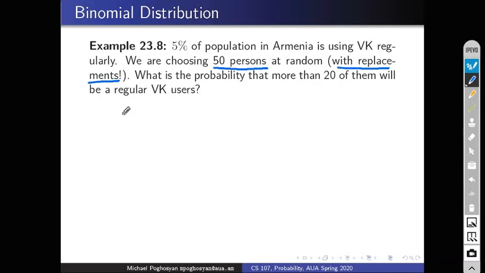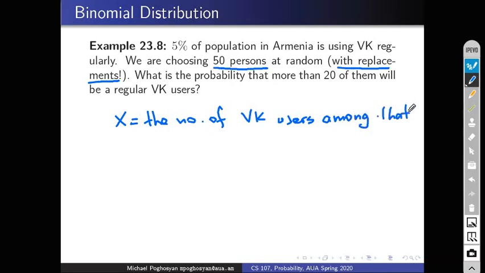So let's denote by X the number of VK users among that 50 persons. So we are choosing 50 persons.